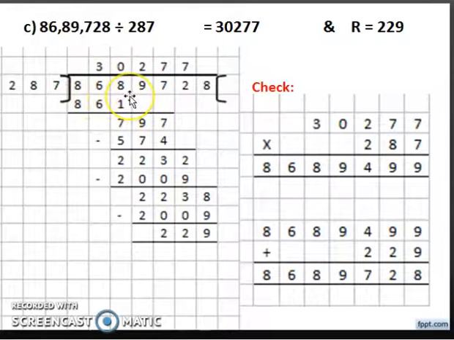So now you multiply it by 3. When you multiply it by 3, you get 861. When you subtract, what do you get? 7. Again, you copy down 9. 79 is less than 287. So zeros are 0. And you copy down the next digit.